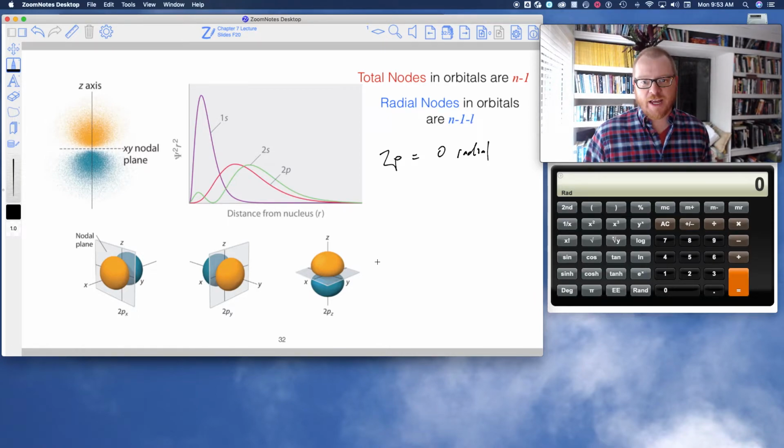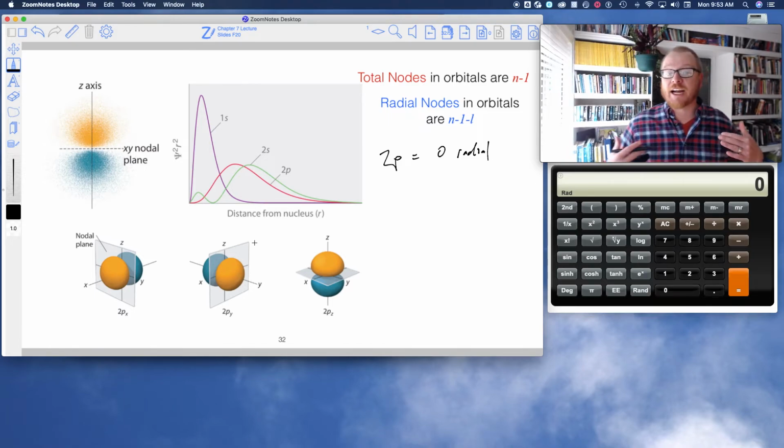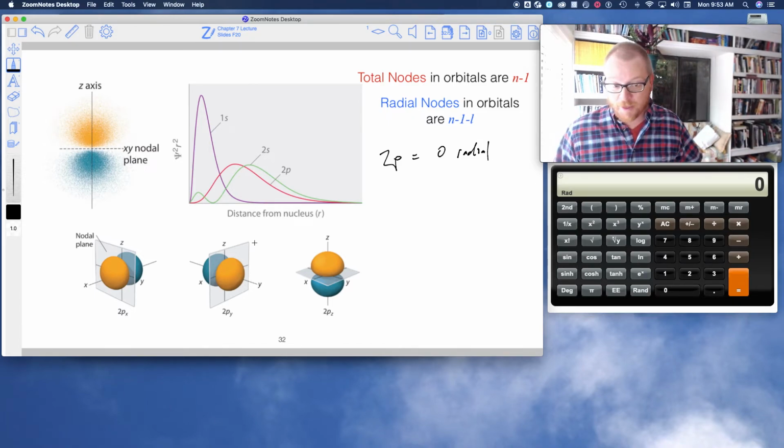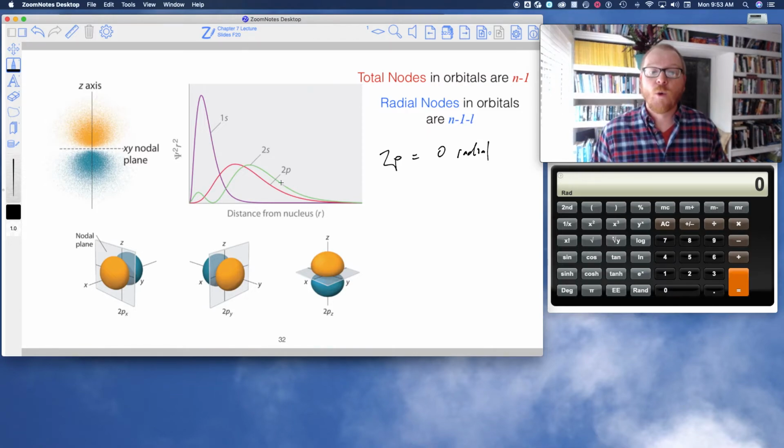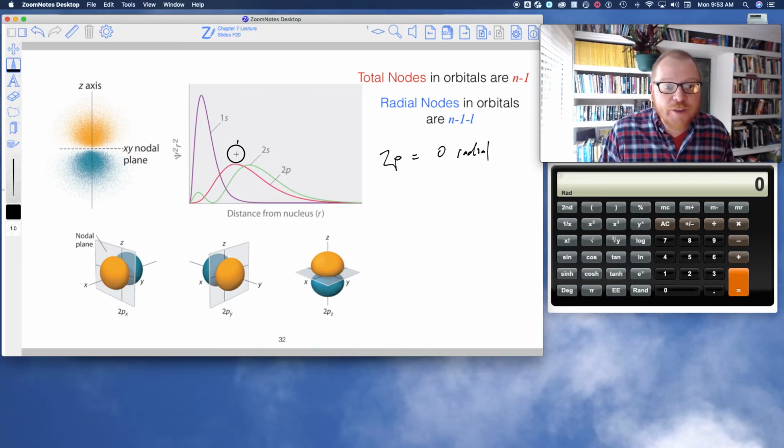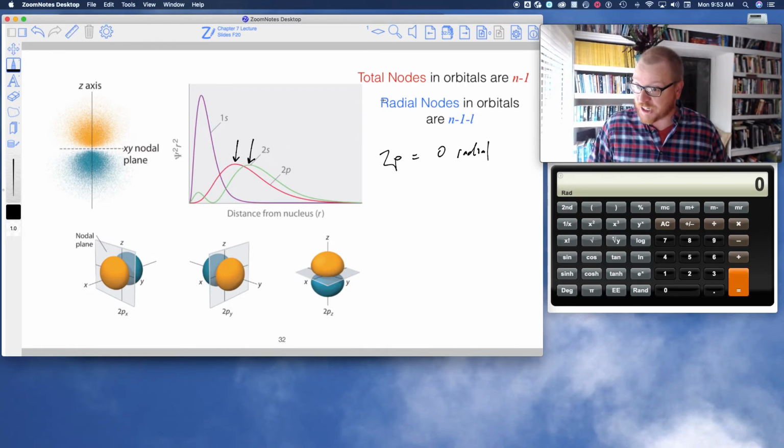What's also interesting is when we start putting these probabilities together with 1s, 2s, and 2p, they all start overlapping with each other. And that's going to create electron interference. A 2s orbital will definitely interfere with a 2p orbital because they're similar in size, so they have their most probable positions in a very similar location.